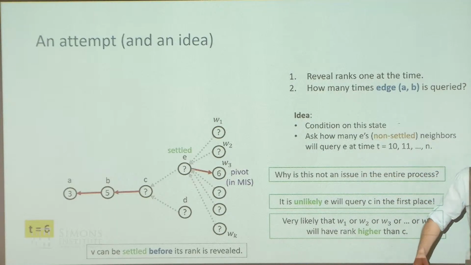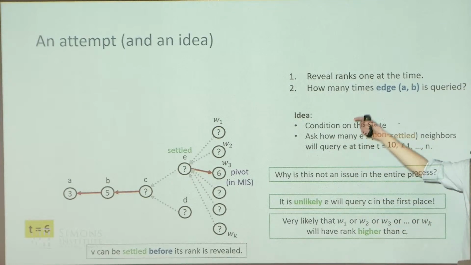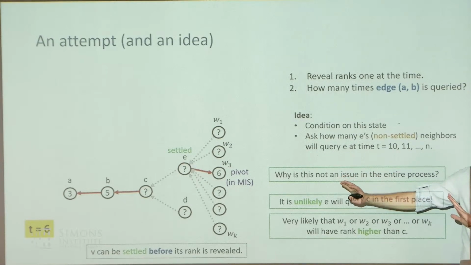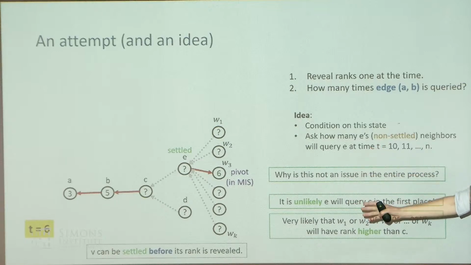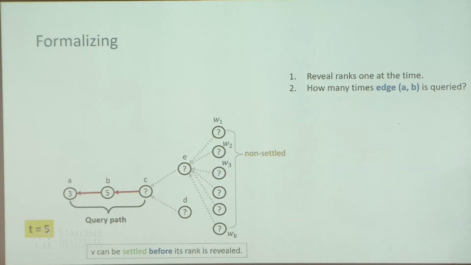It will go, say, to W3, for instance. It will never query C. So none of these neighbors query E, and then they go to W3. It can happen, but I'm now concerned about AB. So you see, if we took a snapshot at some better time, this bad situation would be unlikely to happen.